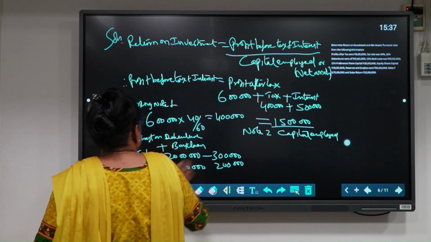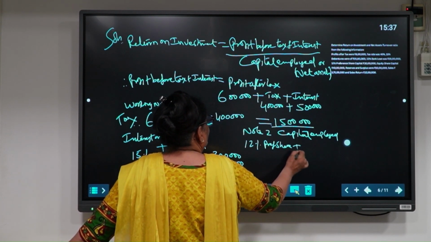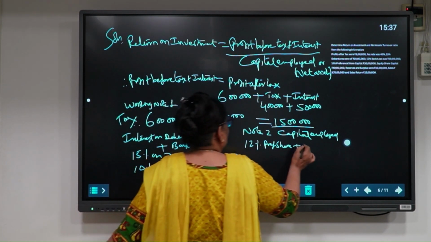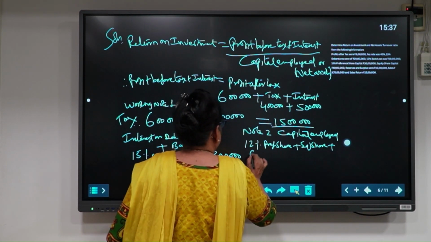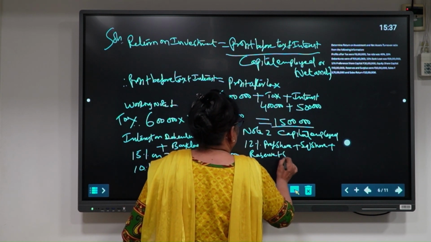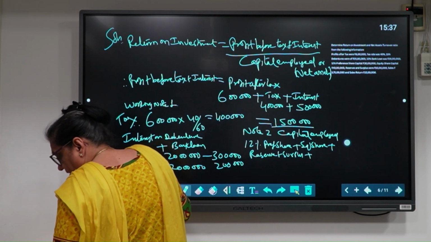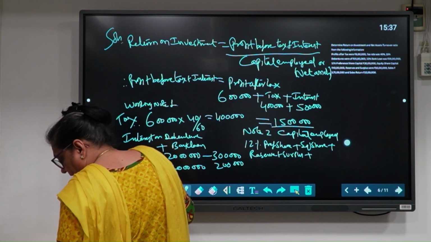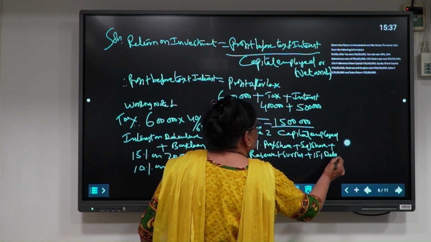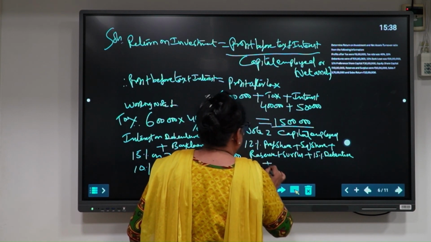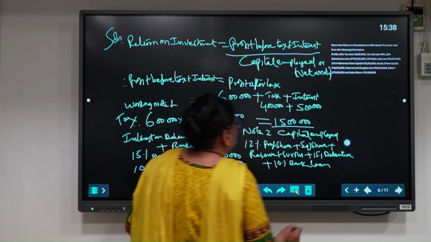So go with your 12% preference shares, plus your equity shares, plus your reserve and surplus, plus your long-term bank loan, plus 15% debenture, plus your 10% bank loan. This is your liability approach.